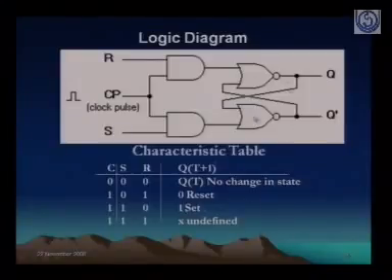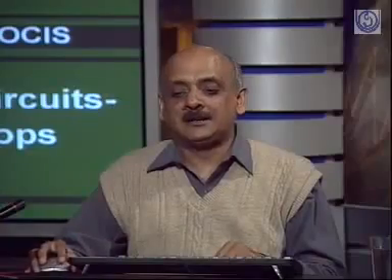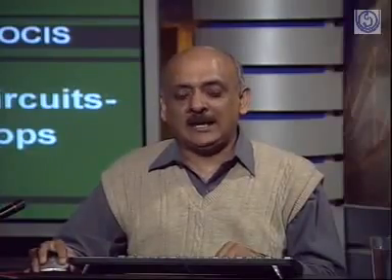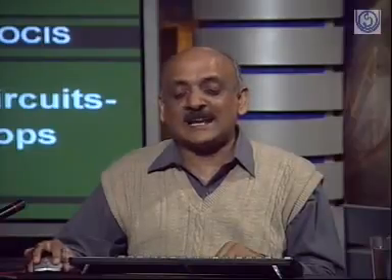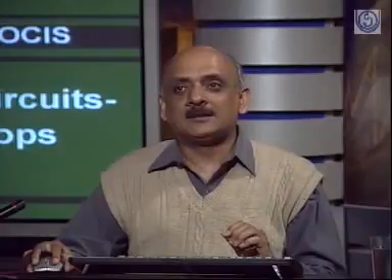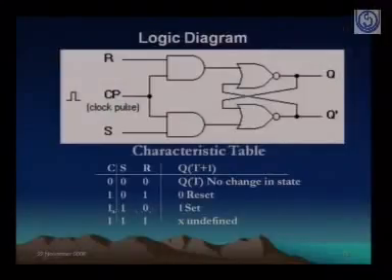You can try that out here, and it should work in exactly the same way. Then we have the similar thing for the set state. Once again we have 1, 0, and it becomes set. And finally, when S and R both go to 1, it is an undefined state.